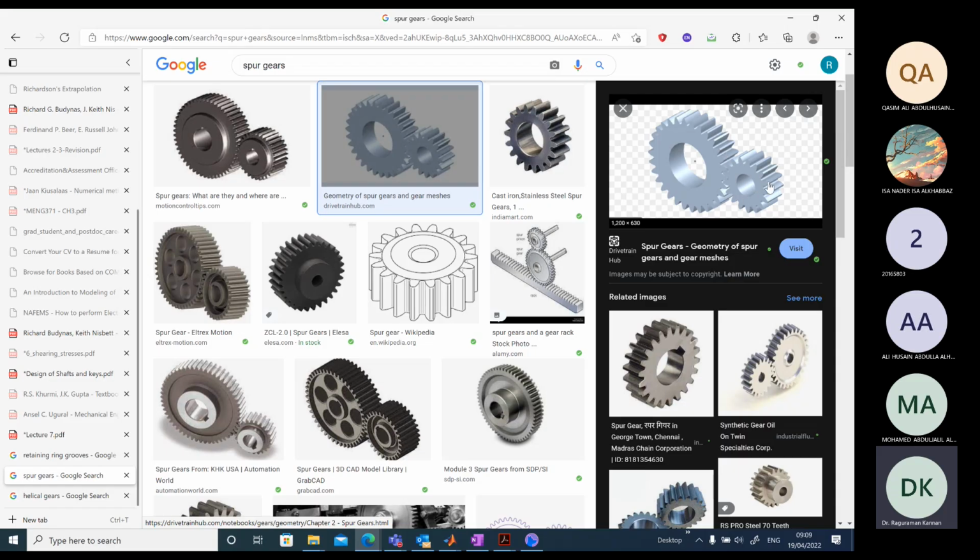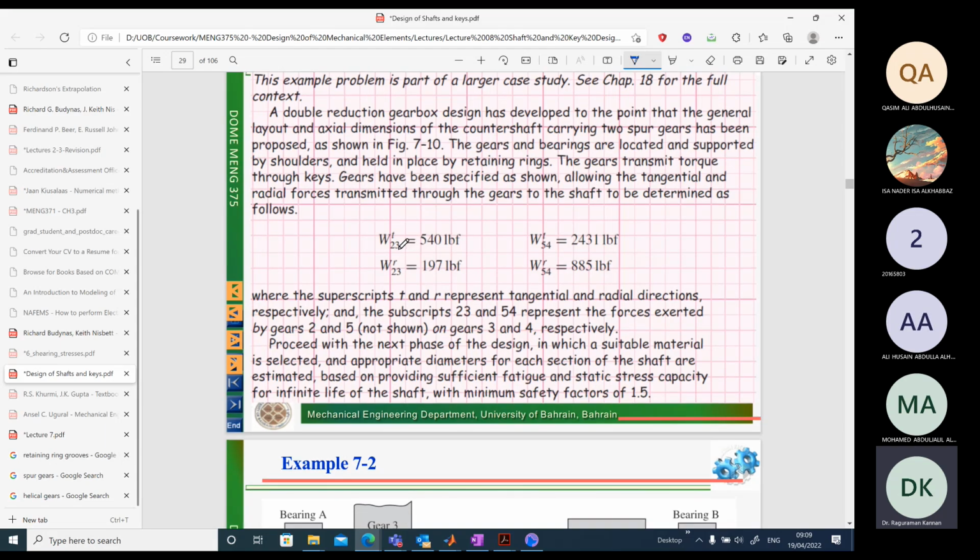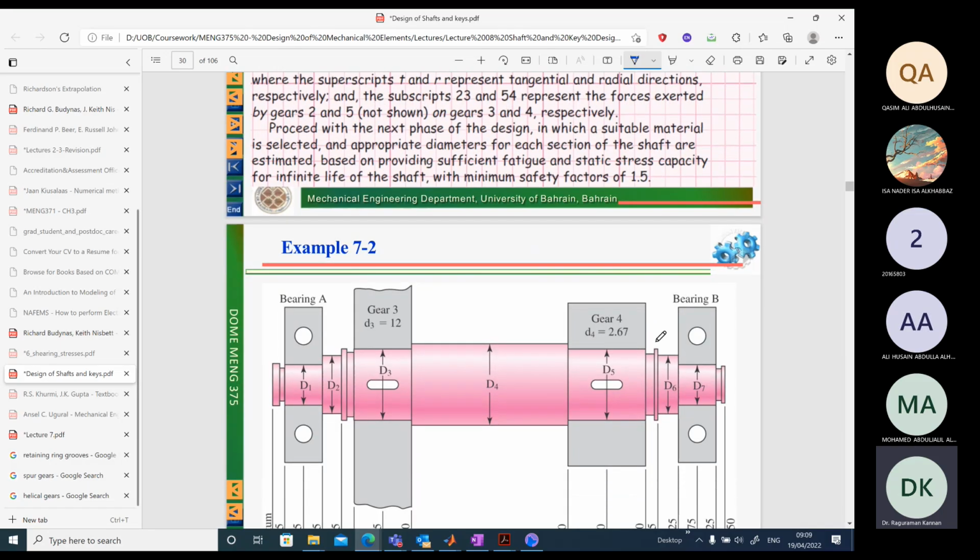So only these two loads are there, and therefore in the problem we consider only these two loads, tangential and radial. The subscript T stands for tangential, R for radial, and the subscripts 2, 3 and 5, 4 represent the forces exerted by gears 2 and 5 on gears 3 and 4. So gear 2 is here, it exerts some load on 3, gear 5 is here, it exerts some load on 4.